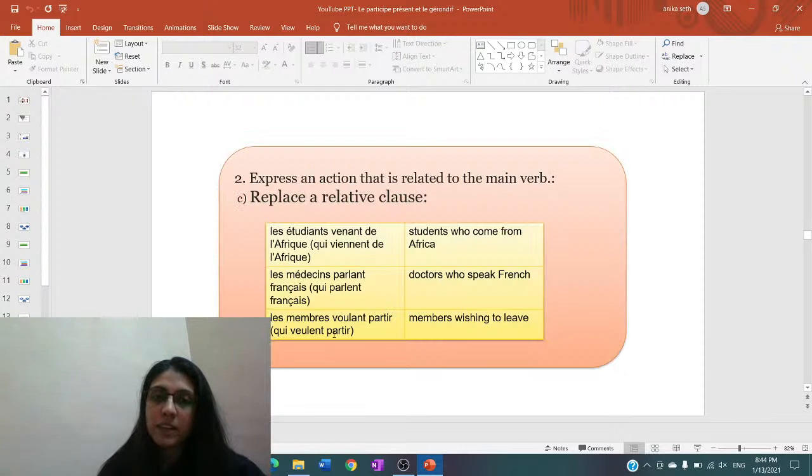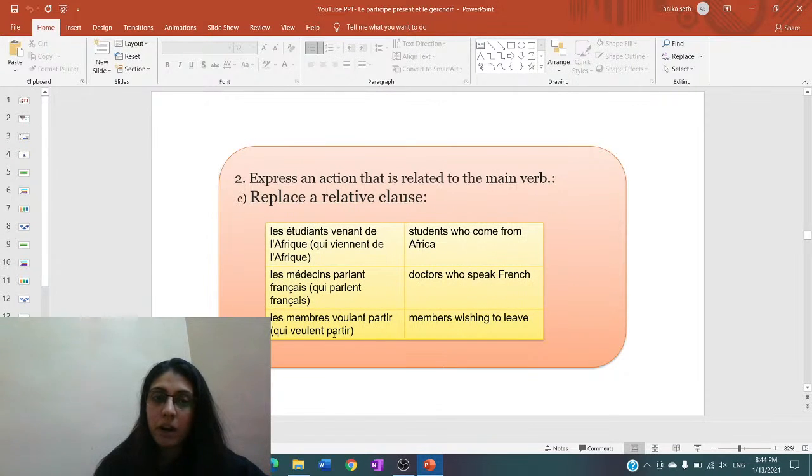Then to replace a relative clause. So here, to replace a relative clause, we are using the present participle. Les étudiants venant de l'Afrique. Les étudiants qui viennent de l'Afrique. So we have replaced qui plus verb with the present participle.